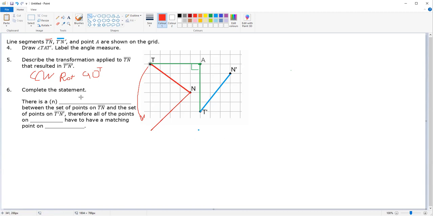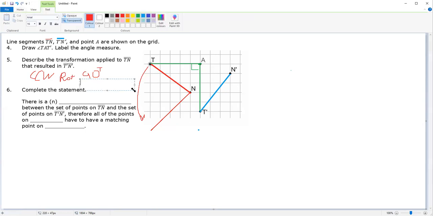And that would be N prime and T prime. But I think it would move over a little bit too after it was rotated. But got to complete the statement here. It's a rotation about point A, by the way. Gotta add that little detail about point A.